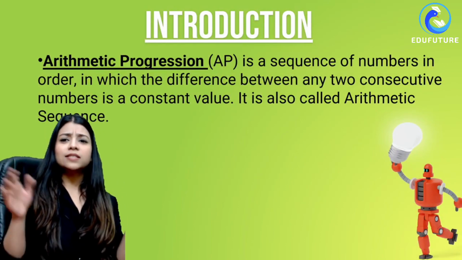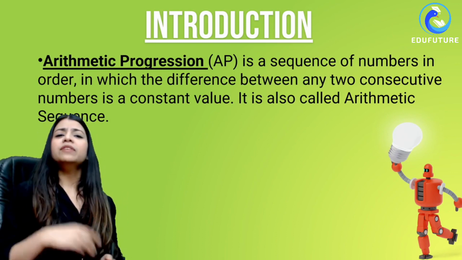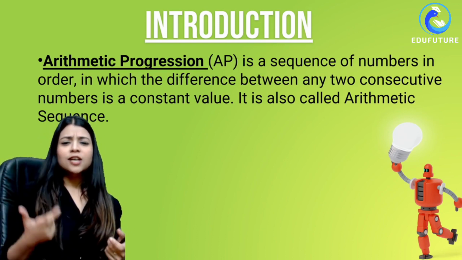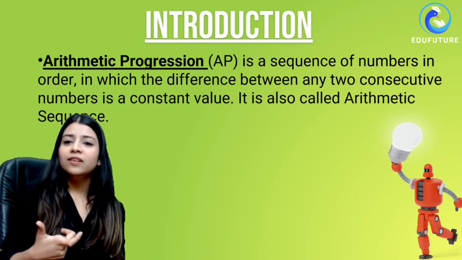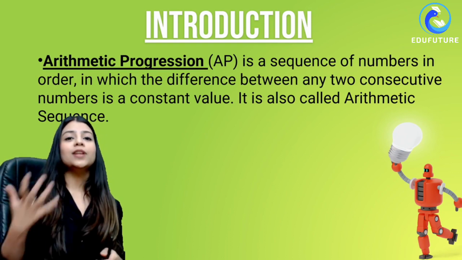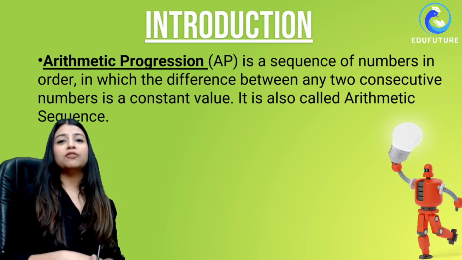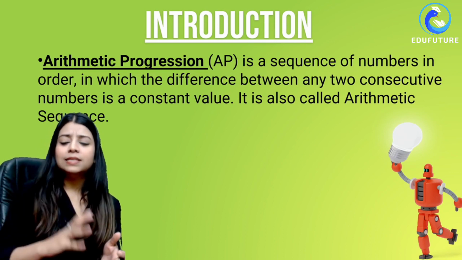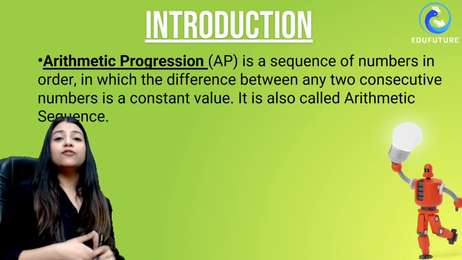Now, what does the full term arithmetic progression mean? If I talk only about arithmetic, it is the maths related to numbers. In higher standards and competitive exams, you will learn that there are two different types of maths: arithmetic and advanced maths.